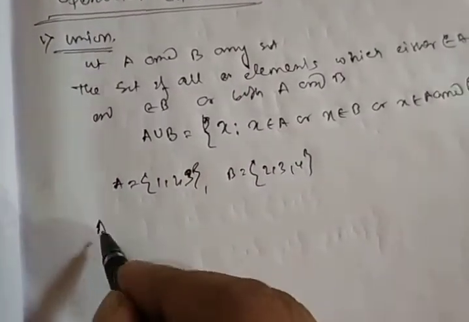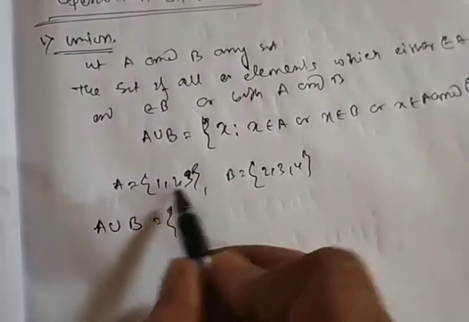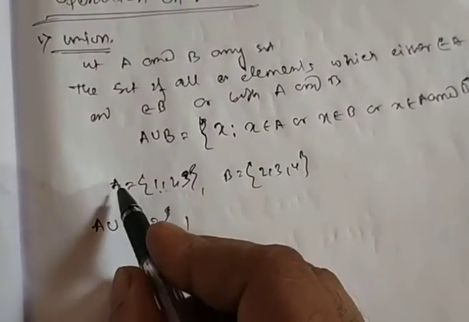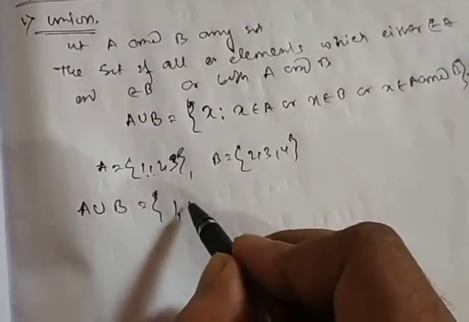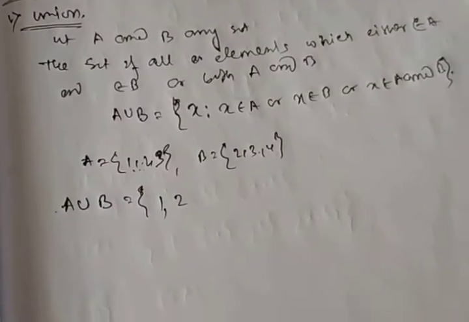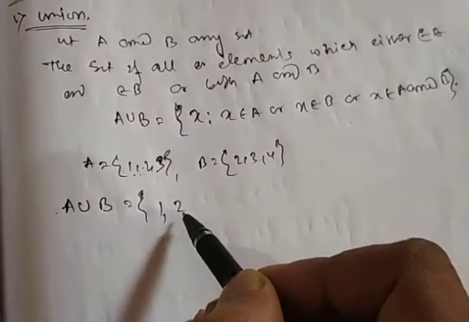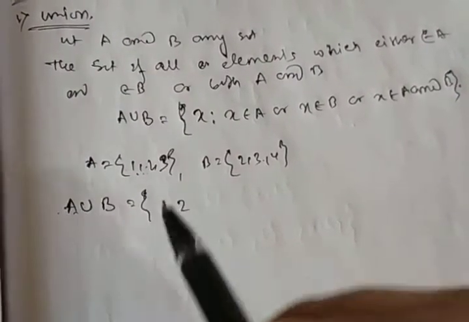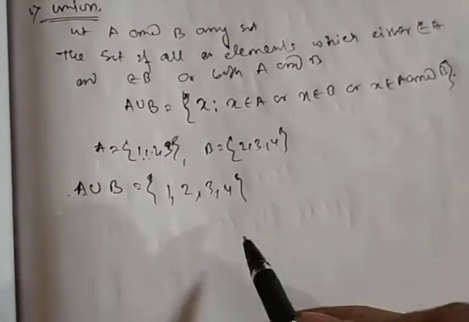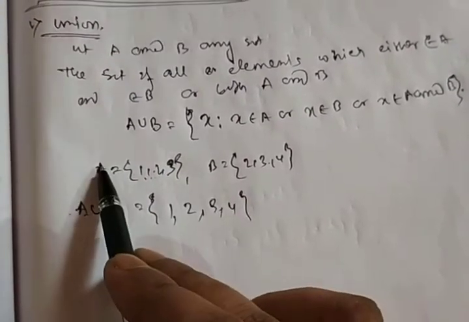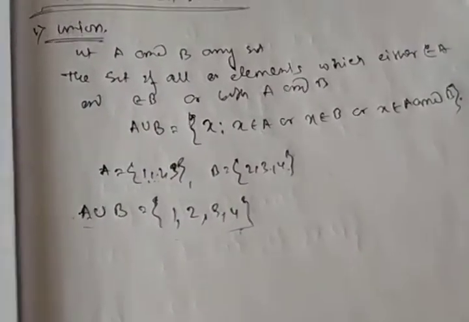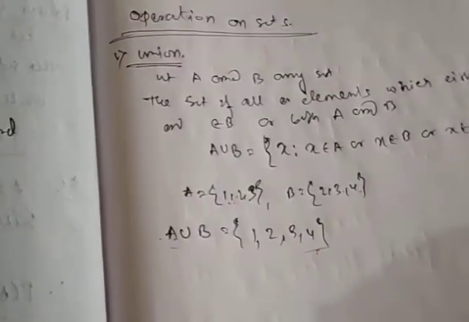A union B will contain all the elements of A or B. 1 belongs to A, so 1 will be taken. 2 belongs to both A and B, but as a set contains only distinct, unique elements, 2 is taken only once in A union B. Similarly 3 and 4. 2 and 3 belong to both A and B, 1 belongs only to A, and 4 belongs only to B. So all the elements in A and B will come to the set A union B. This is the definition of the union of two sets.